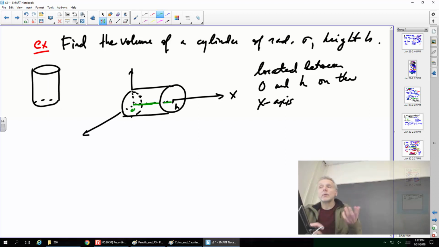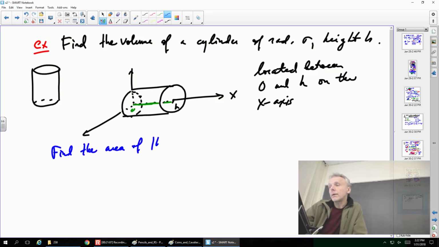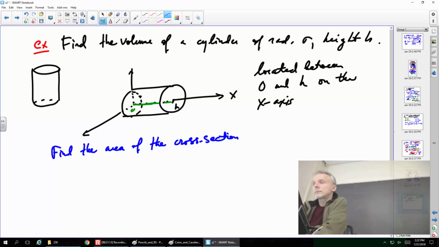Okay, and then we don't really care about the geometry. The three-dimensional geometry is out. All we care about is the area of the cross section. So to apply the formula, now find the area of the cross section, cross section with a vertical plane.